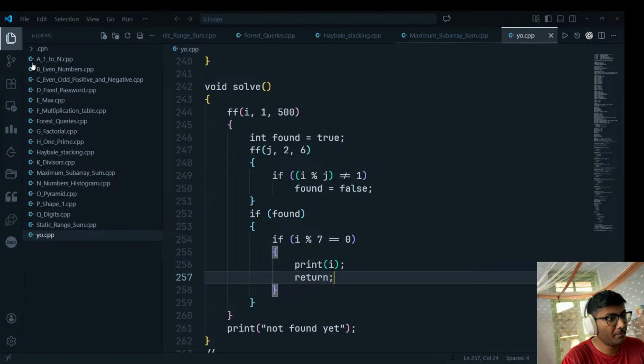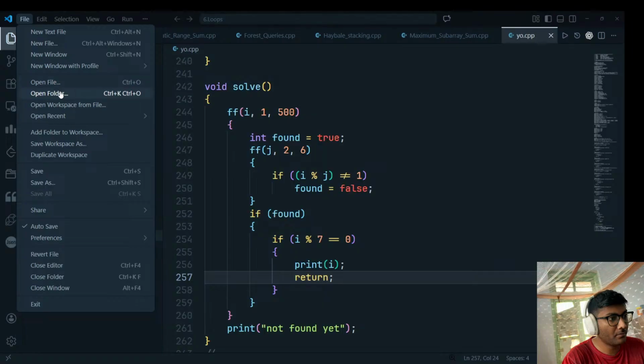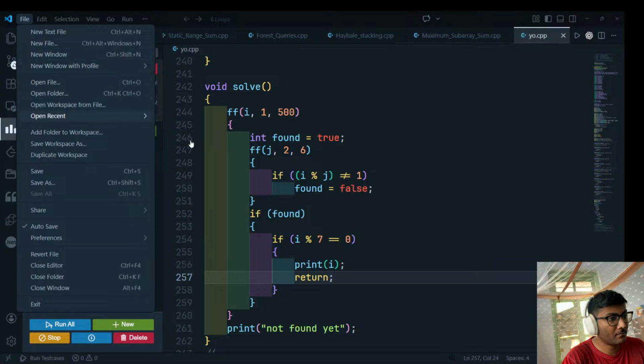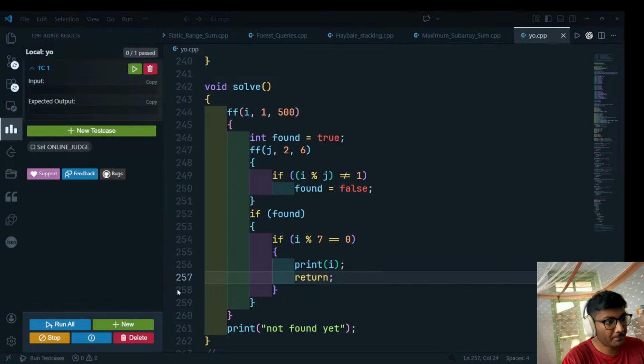So maybe let's create a new folder, I guess. Just one second. Just give me a moment.